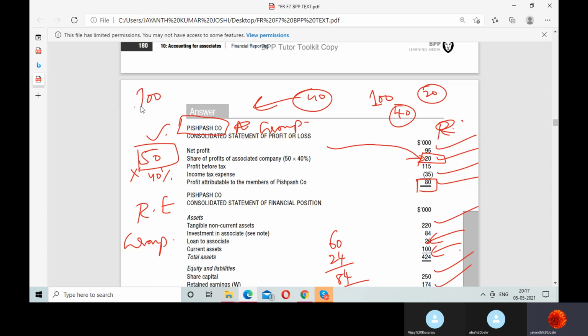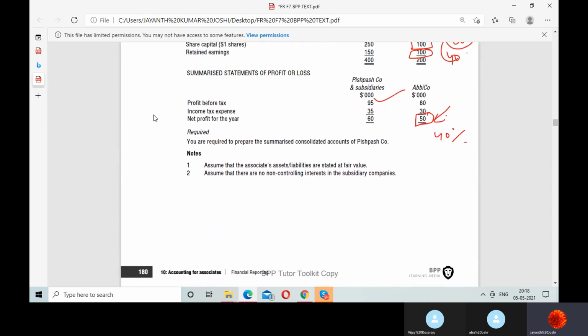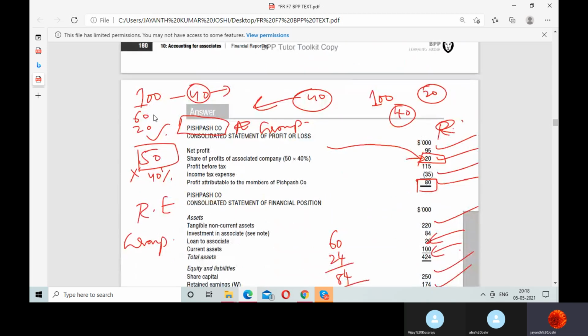100 is the associate's retained earnings. 40 is pre-acquisition, so post-acquisition is 60. How much is the current year's profit of theirs? 50. So this 60 has 50, and maybe more profits of 10 they would have earned in this span.